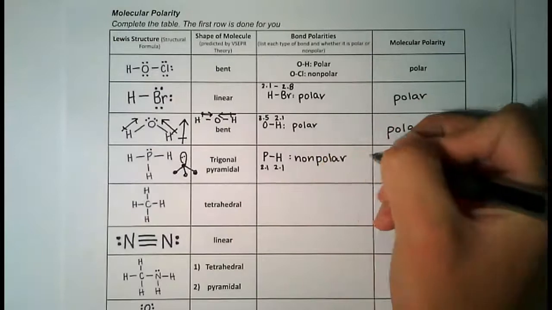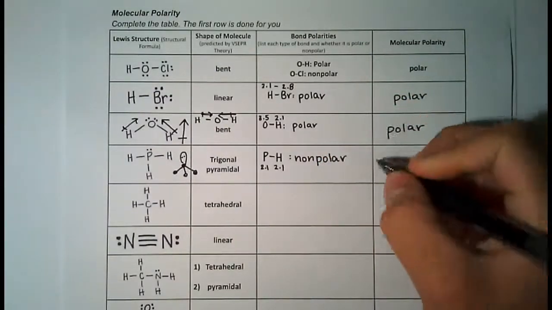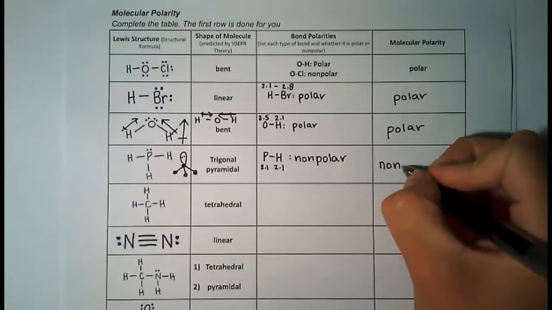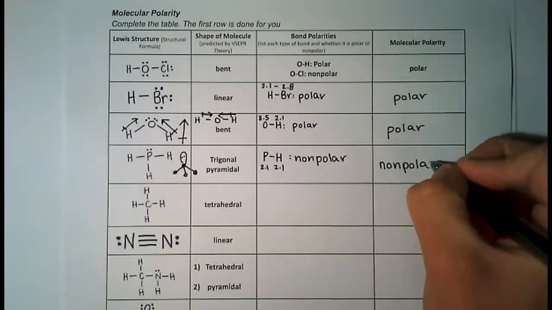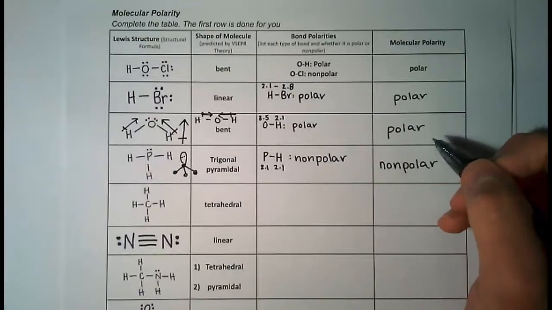And since that's the only type of bond we have, all the bonds are nonpolar, making the molecule also nonpolar. To have a polar molecule, we have to have at least one polar bond.